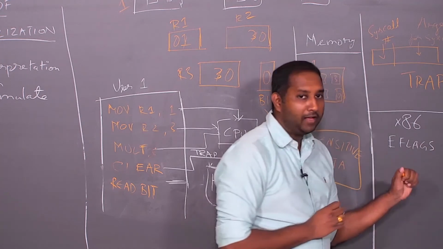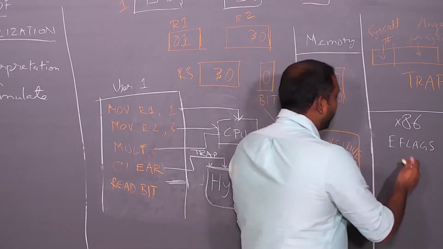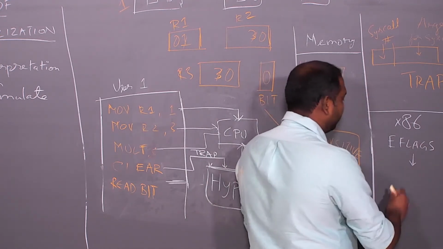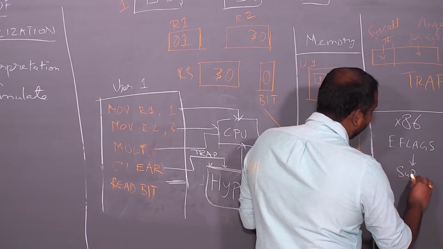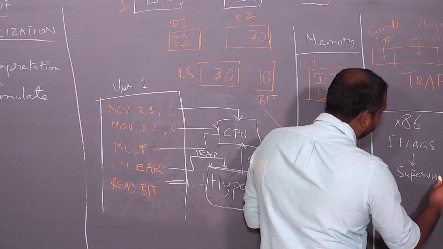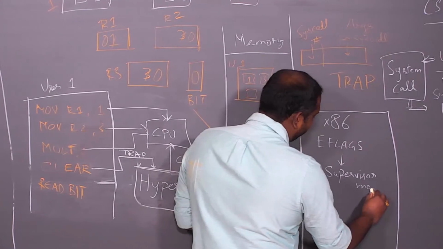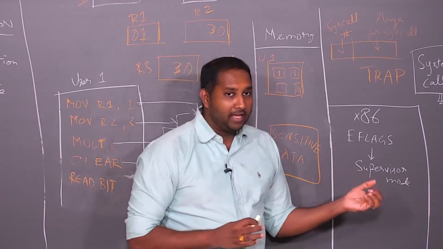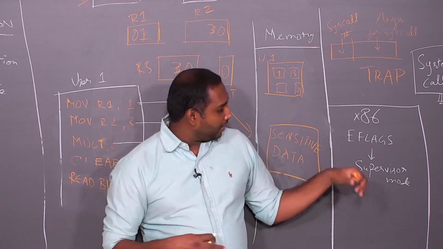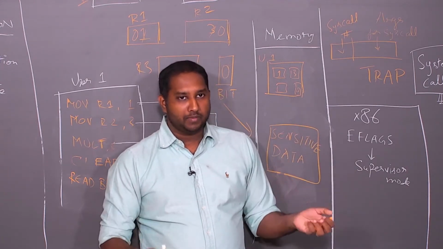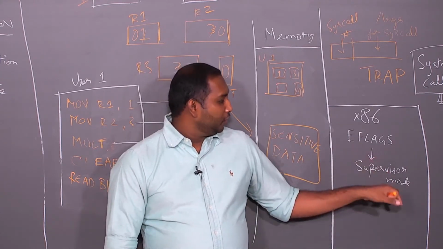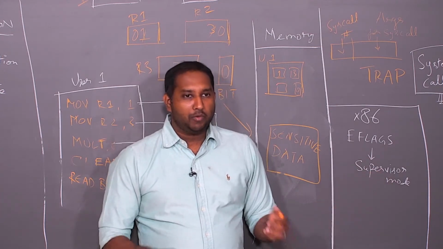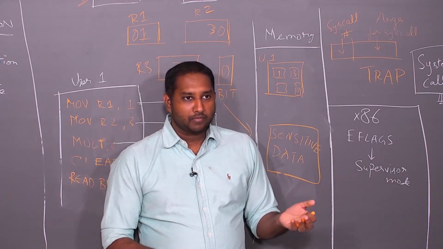One bit of this Eflags register tells you whether you are in supervisor mode or not. Even if you are inside the OS of a virtual machine, your supervisor mode bit on the hardware would always be set to 0.